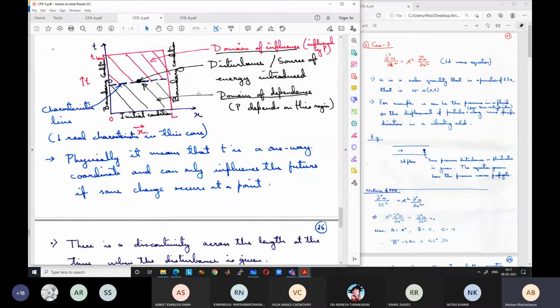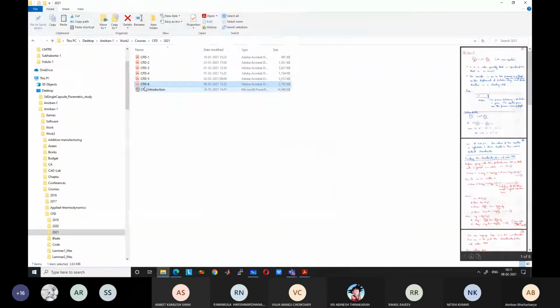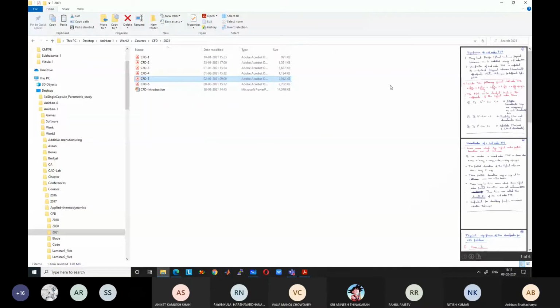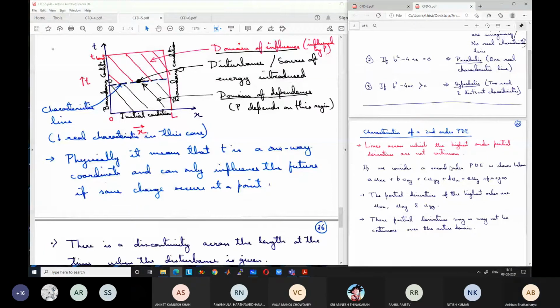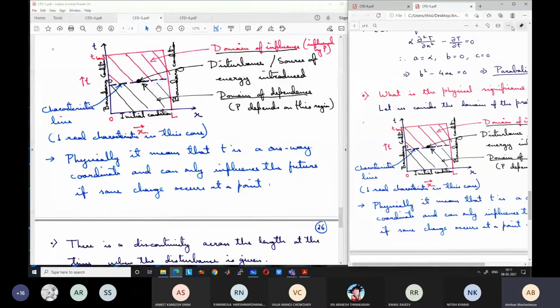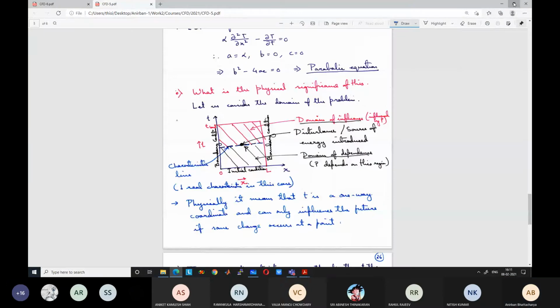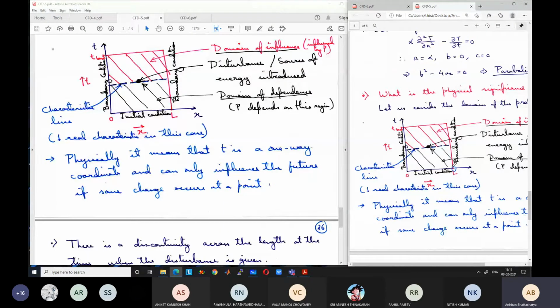Say I introduce the disturbance at the initial point itself, at initial time t equal to 0 at x equal to L. There is a heat source perturbation at x equal to L, time t equal to 0.